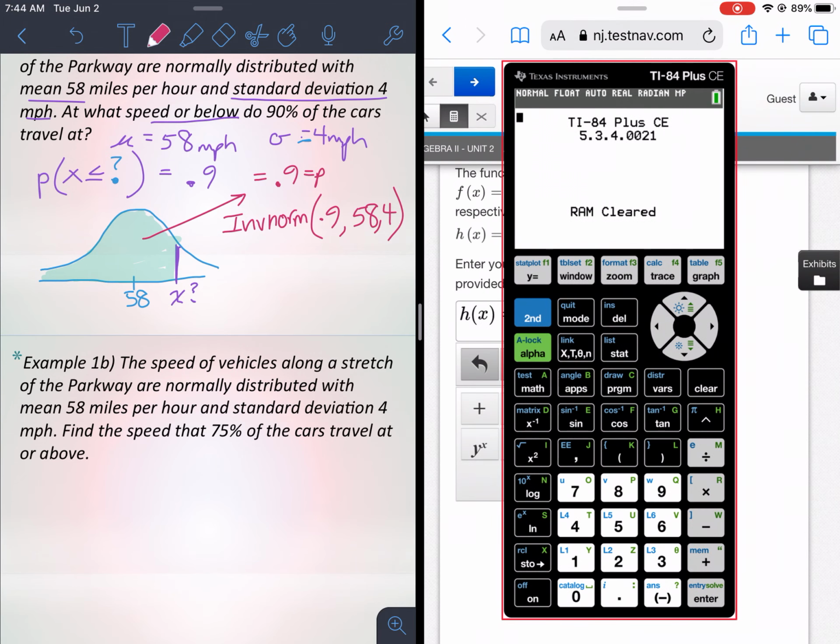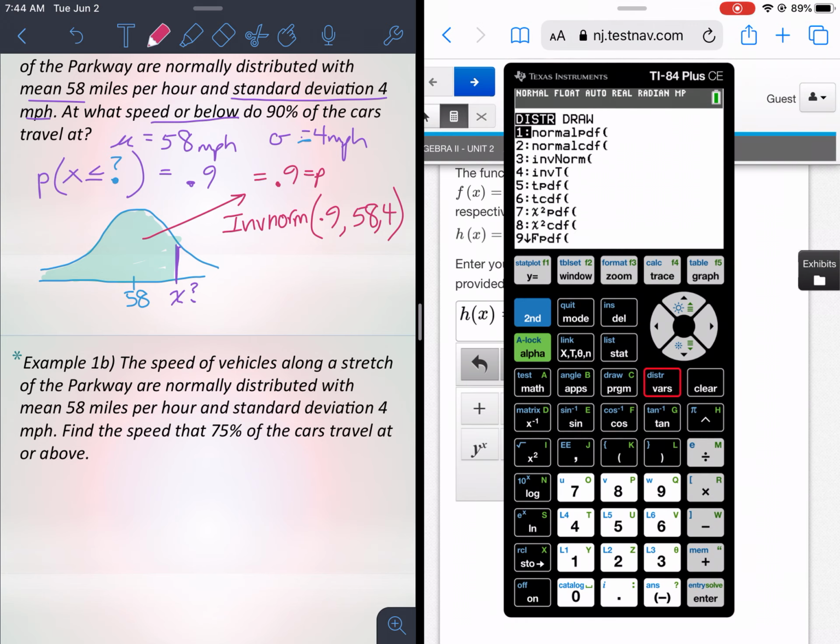So second distributions, and you see our normal PDF and normal CDF that we've been using. But we're going to go to inverse norm. And it says area. That's our P, or probability. So that will be 0.9. The mean is 58. The standard deviation is 4. And is our tail shaded to the left, at the center, or to the right?